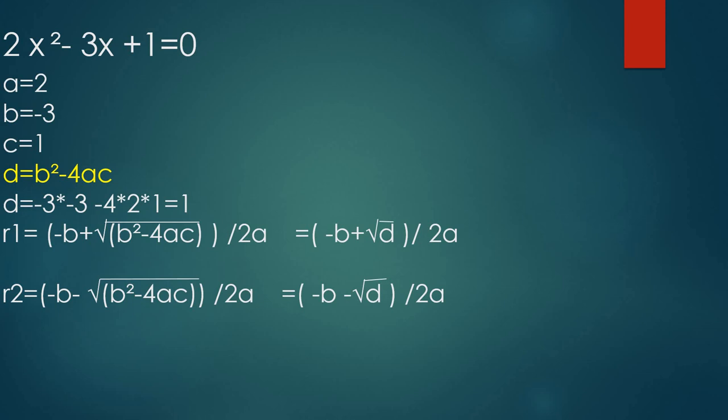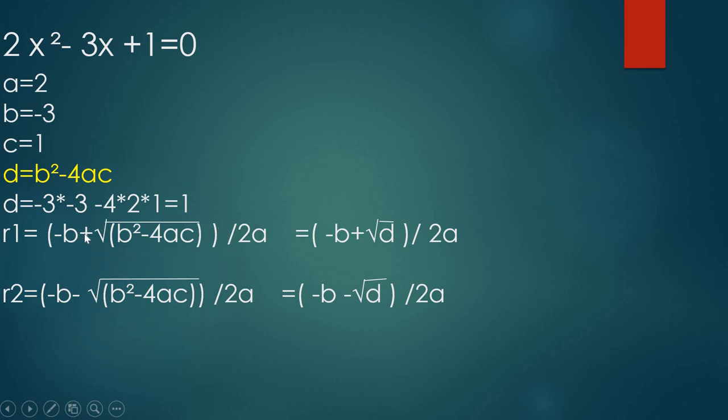Then according to the formula, minus b plus or minus root of b square minus 4ac. That is, the first root is equal to minus b plus root of b square minus 4ac divided by 2a.